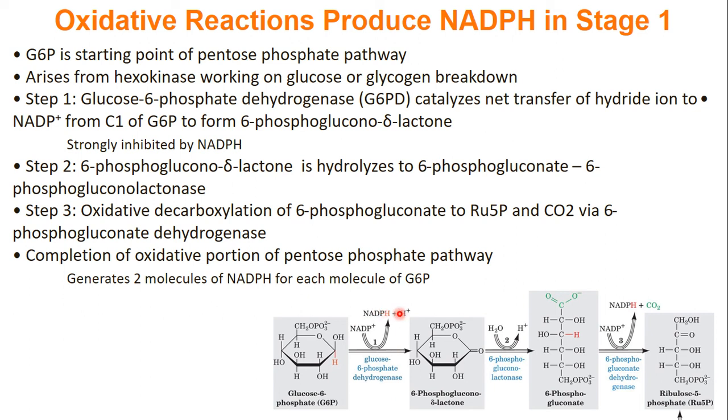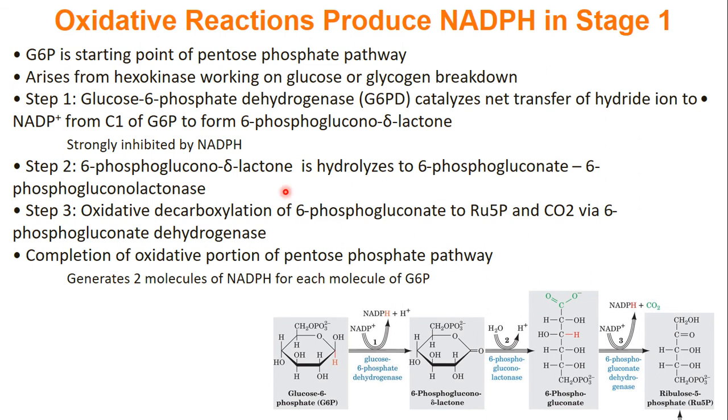So this pathway, the pentose phosphate pathway, will only really go if you need NADPH. And what you're going to do is take a hydride ion from glucose 6-phosphate, C1, to make 6-phosphogluconolactone, which is this molecule right here.